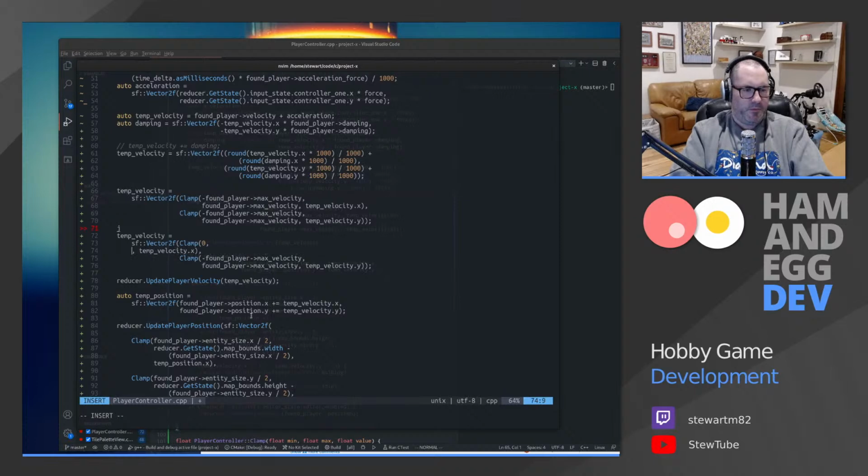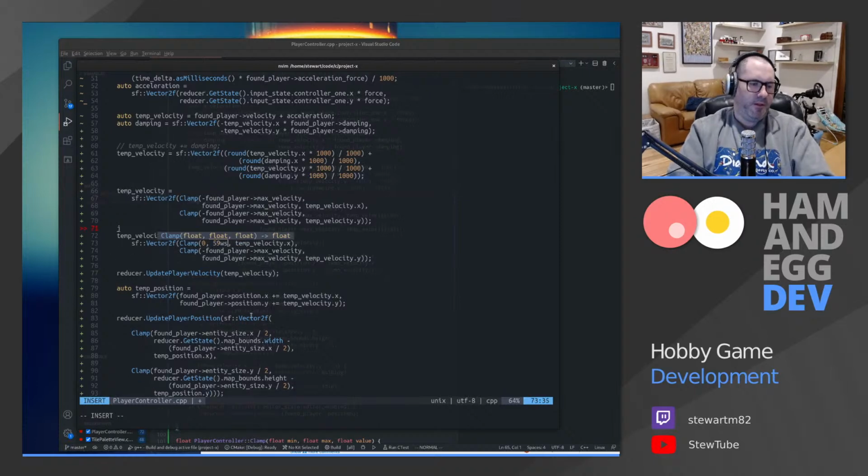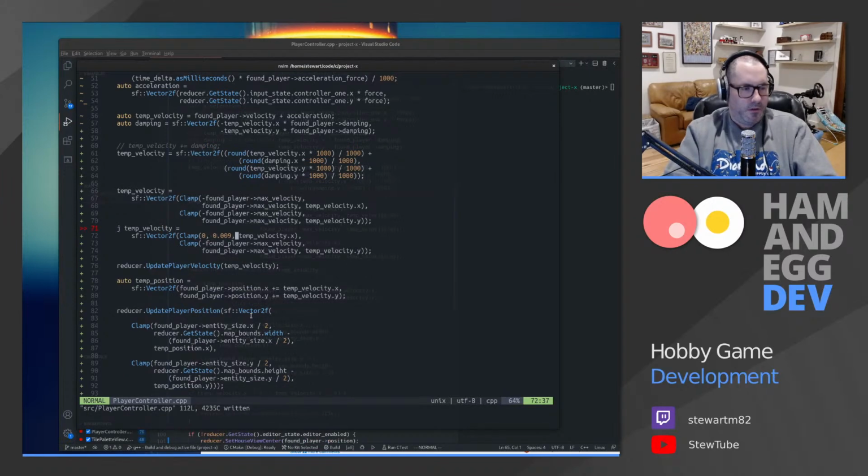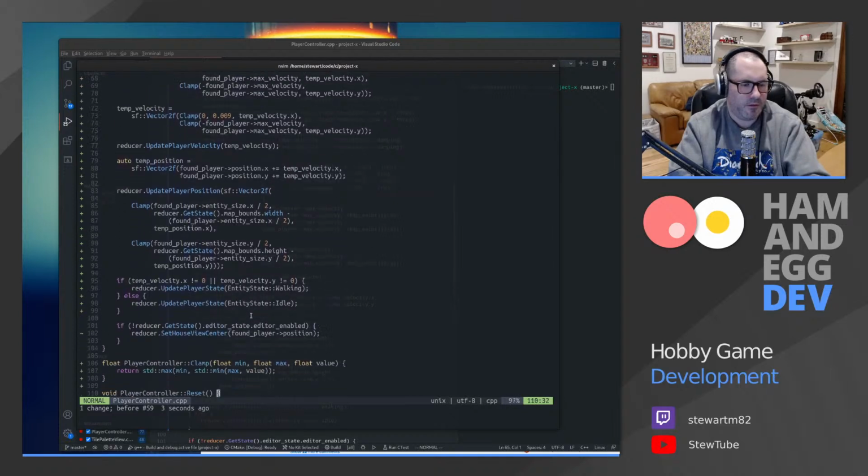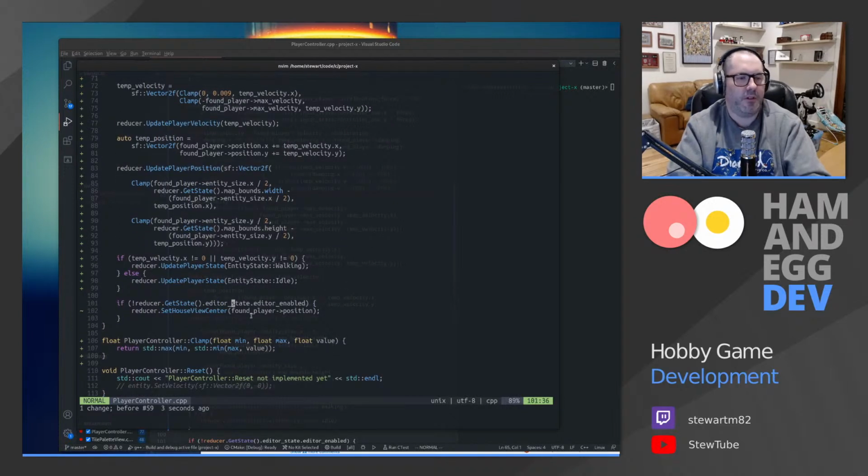And the maximum would be like 0.009. I guess, I don't know. Oh, this only accepts ints, I think. Oh no, it's floats. Okay, good.